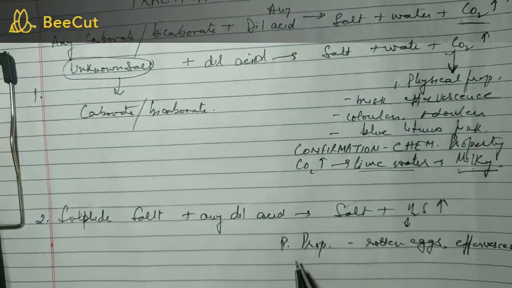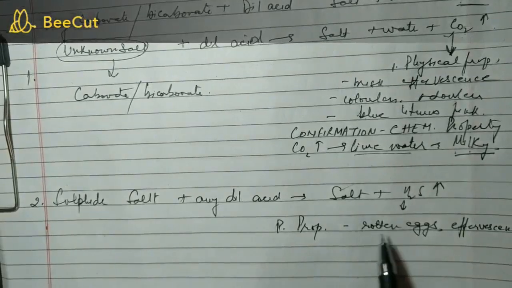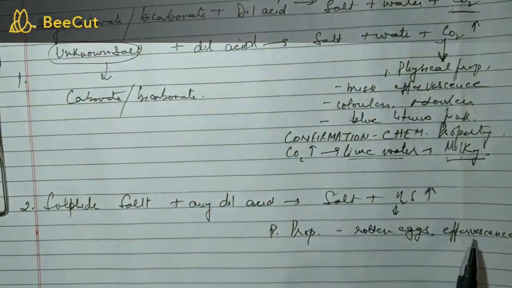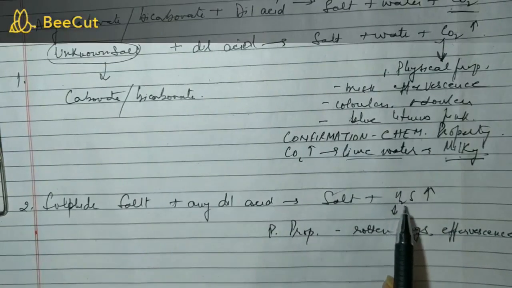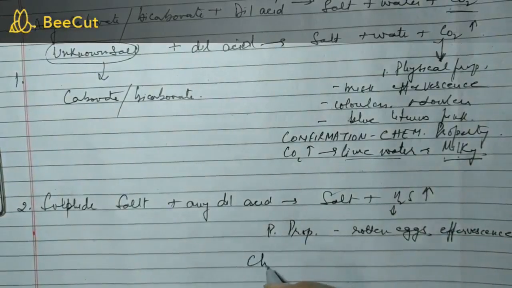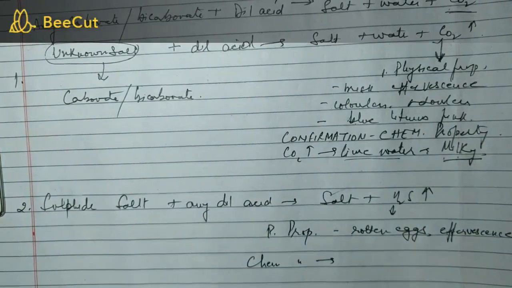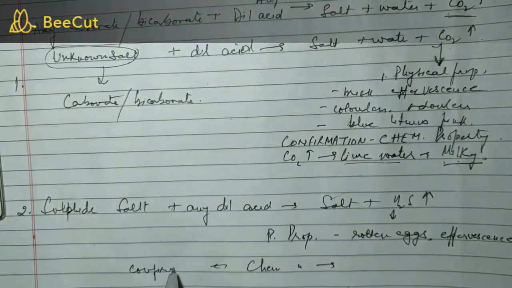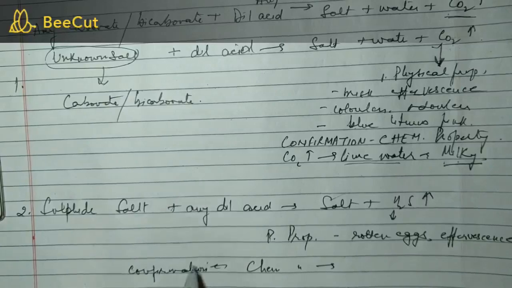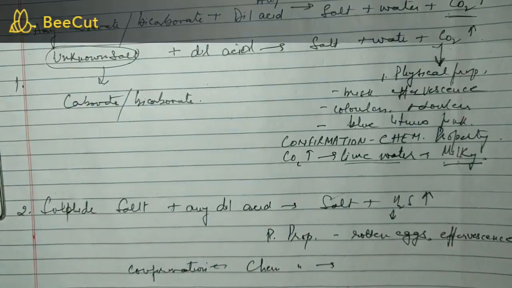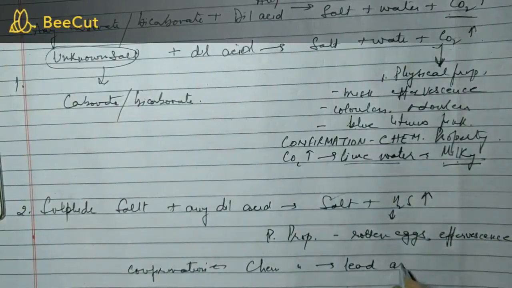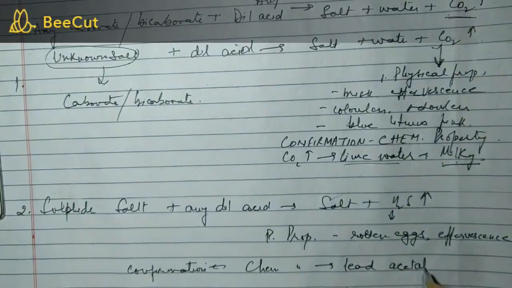So physical properties are basically used to make a guess that if a gas is coming out which has a smell of rotten eggs and it is coming out with effervescence, it might be H2S, and a chemical property will be used to confirm. Always for confirmation you will use a chemical property which shows you some visible change. So the confirmatory test will be that it turns lead acetate paper silvery black.